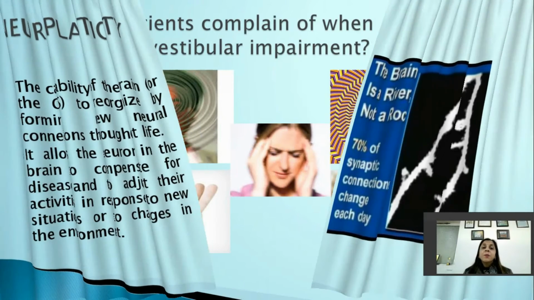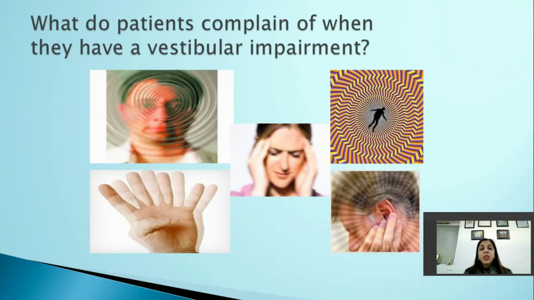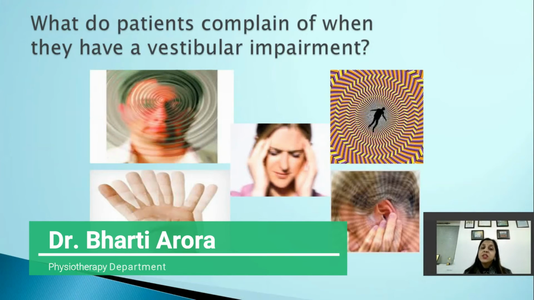Now, we must know when to give VRT to a patient and what type of complaints the patient has when we prescribe VRT, that is vestibular rehabilitation therapy. So, yes, we give VRT to patients who have vestibular impairments, who have vestibular symptoms.